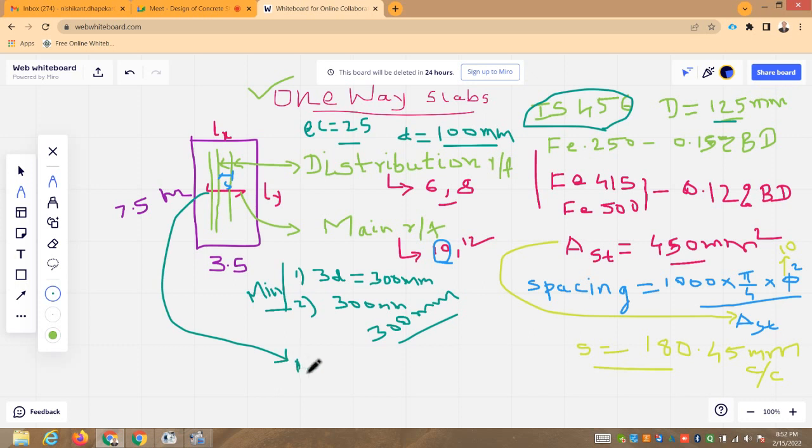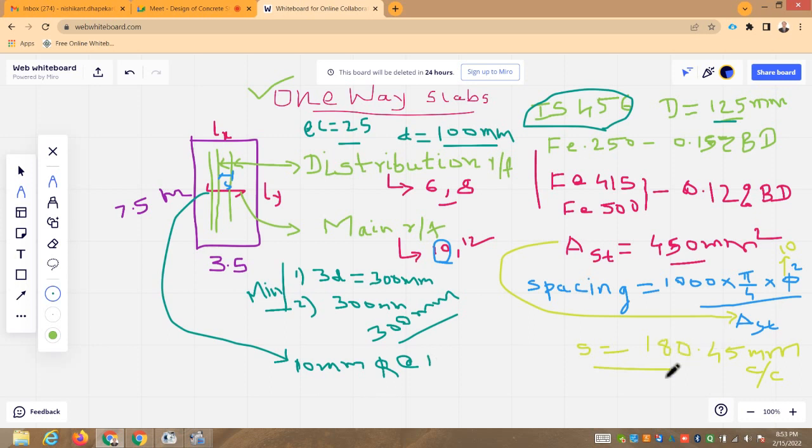10 mm dia. So this is HYSD steel Fe415. So 10 mm dia bars, you don't provide more than 180, 185.